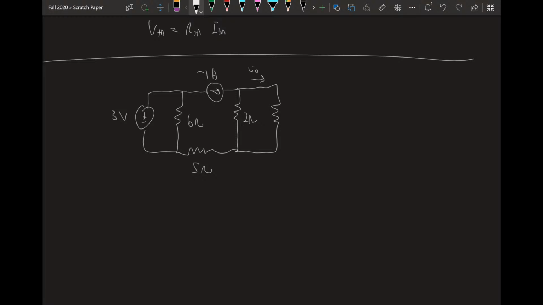Okay. So you could find I naught using a bunch of methods that we talked about, right? Mesh current, node voltage. Oh, we're not going to do that. We're going to solve for I naught using, well, Thevenin equivalent. That's how we do that. Before I said that the Thevenin equivalent has an equivalent effect over any terminals, right?